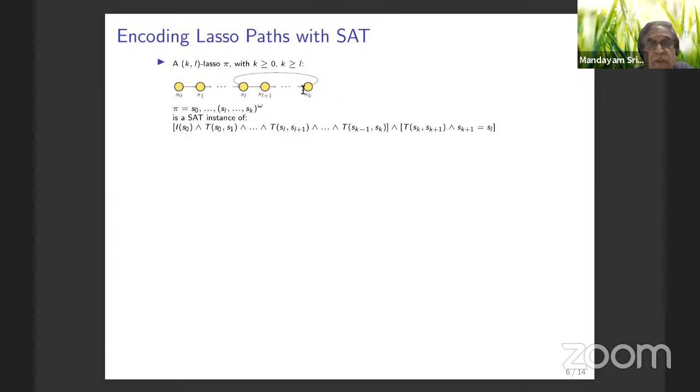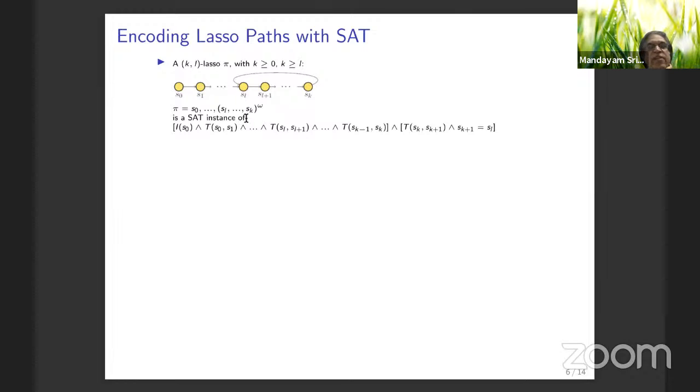You go from S0 to SK, and then the transition from SK goes to one of the states that you have seen earlier. We assume that this particular KL lasso represents the infinite path pi equal to S0 to SL minus 1, followed by SL to SK, repeating infinitely many times.